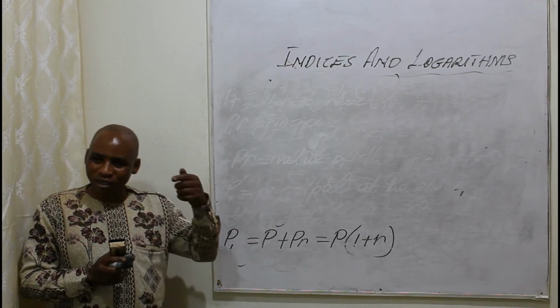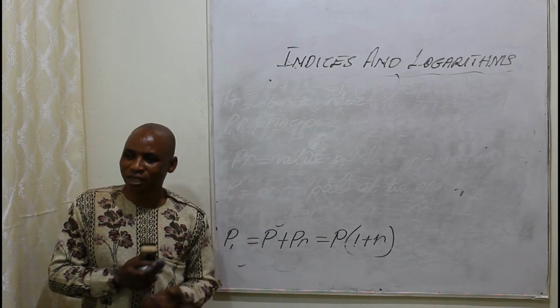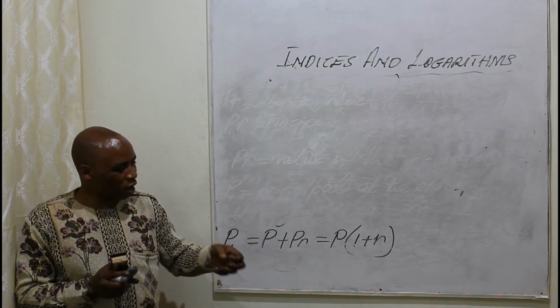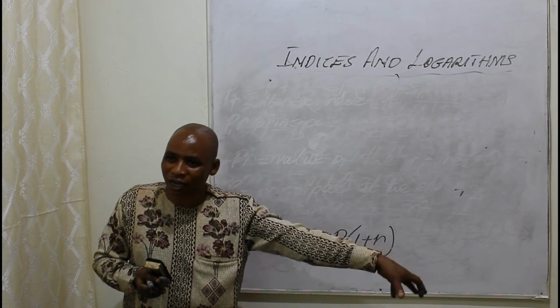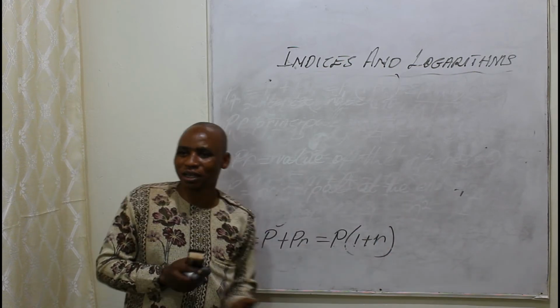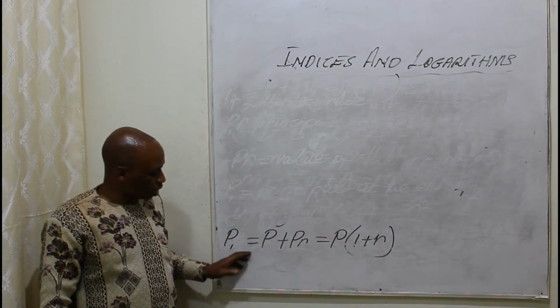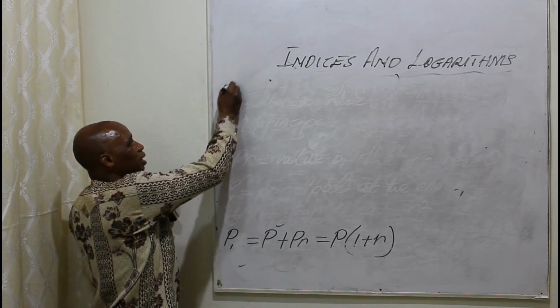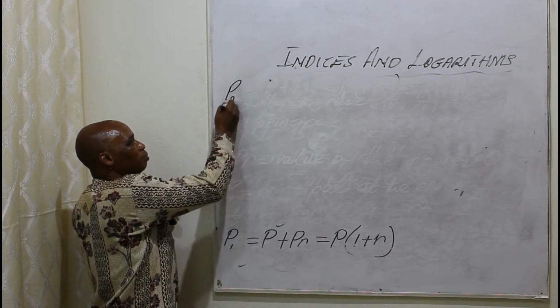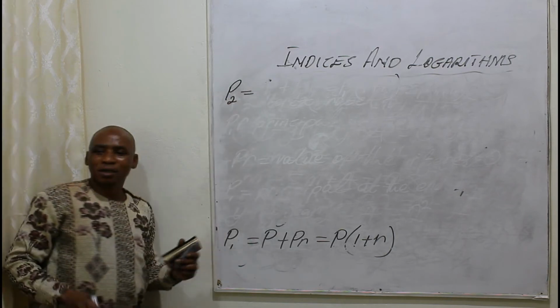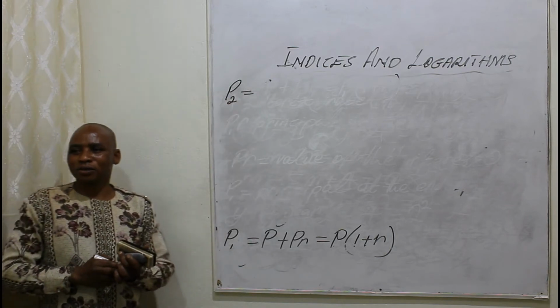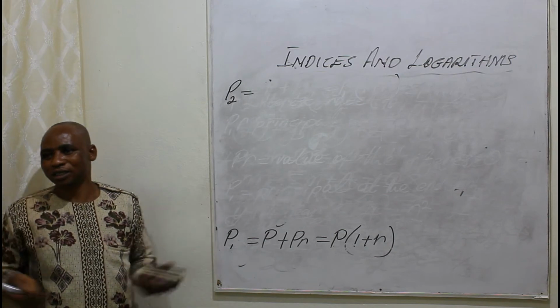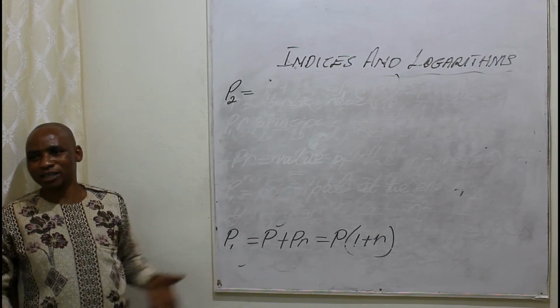at the end of the second year, you want to invest that into the second year, then what happens is that we will end up getting our P2, that is the principal you are expected to generate at the end of the second year.